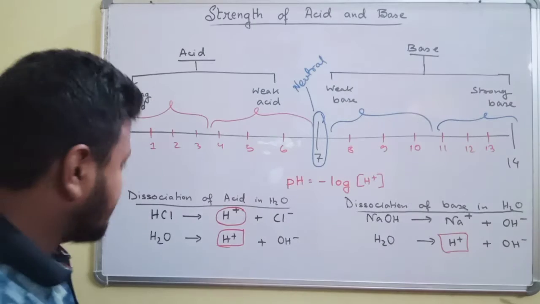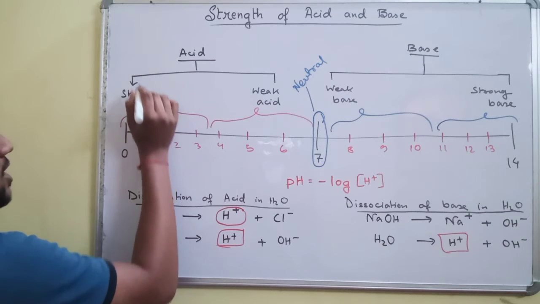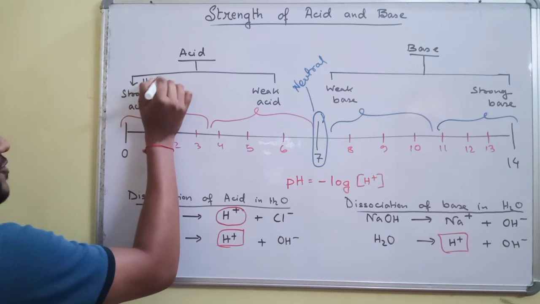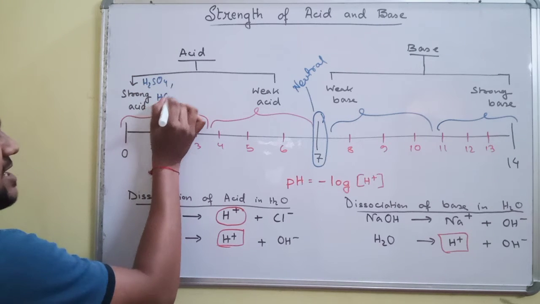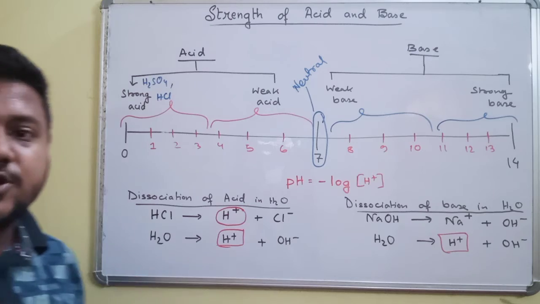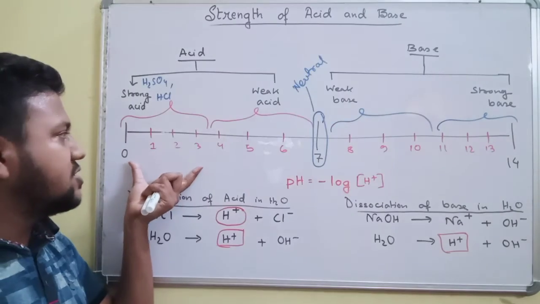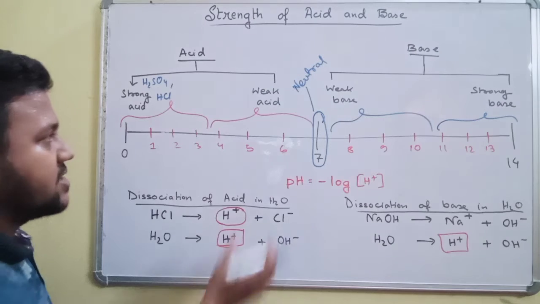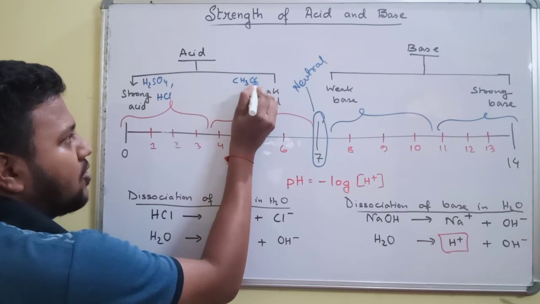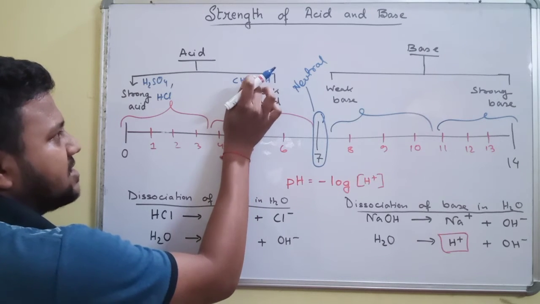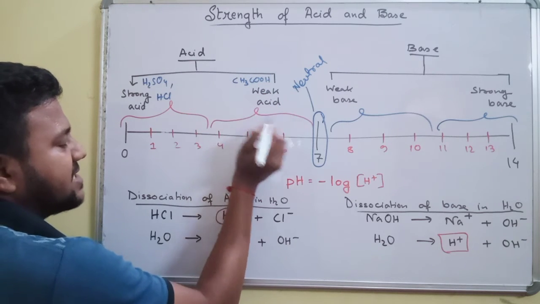Now let us talk about strong acids. Strong acids include H2SO4, I hope you remember, sulfuric acid, HCl, hydrochloric acid, and HNO3. These are the strong acids having a range from 0 to 3.5. Whereas weak acids include CH3COOH, and we can also have lactic acid.